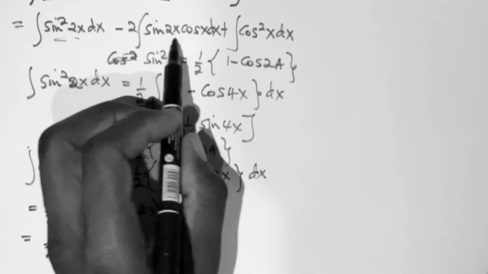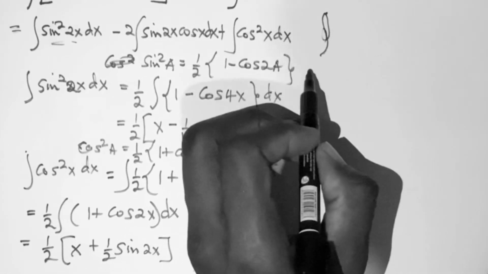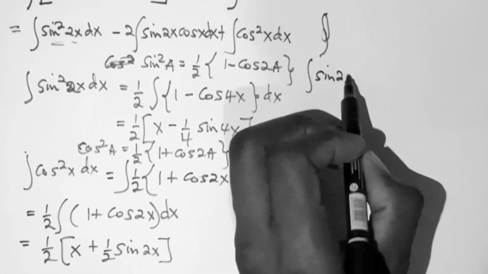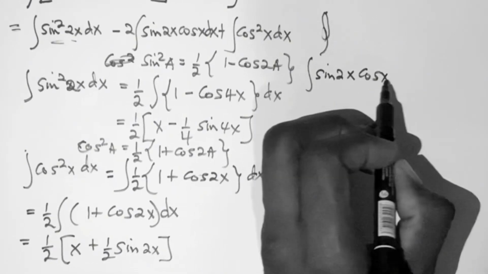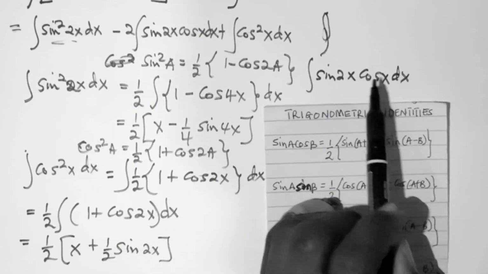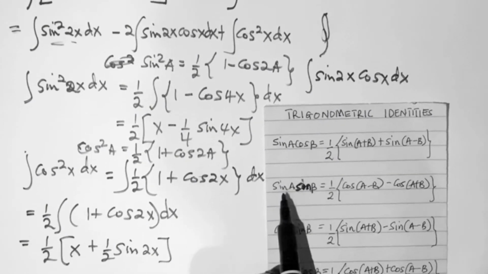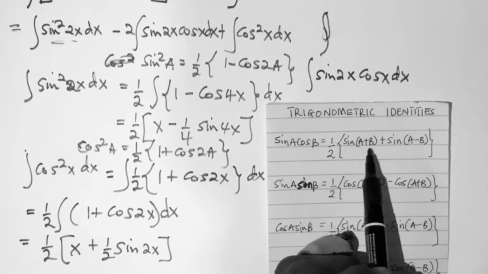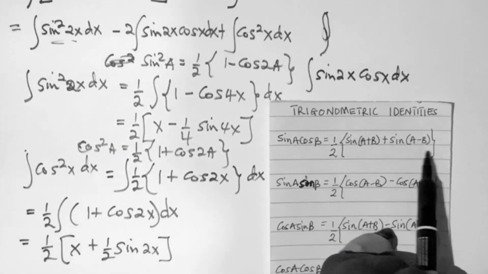Now let's come to this one, which is the integral of sine 2x cos x dx. You can see that it is in the form of sine a cos b, which is half of sine a plus b plus sine a minus b.